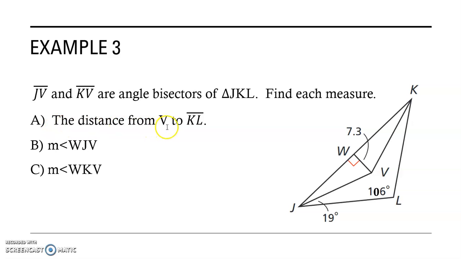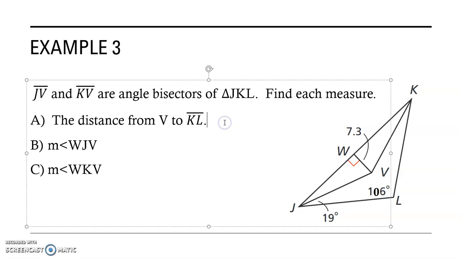So in part A, they said the distance from V to KL. Now notice that's the distance from the incenter to a side of the triangle. And remember, the incenter is equidistant from all the sides, meaning that I just need to find one of the distances to a side. They've given me that right here at 7.3. So this answer is 7.3.